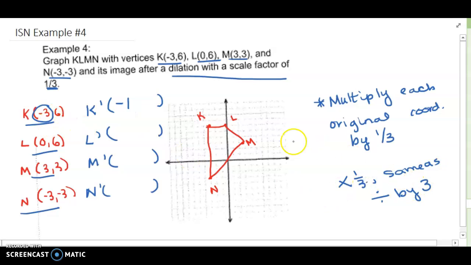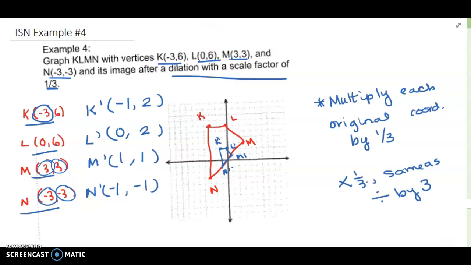Multiplying by a third is the same as dividing by 3. 6 times a third is 2. 0 times a third is still 0. 6 times a third is 2. 3 times a third is 1. 3 times a third is 1. -3 times a third is -1. -3 times a third is -1. So these are my new coordinates. So go ahead and plot these coordinates here. All right, so what you get should look like this.